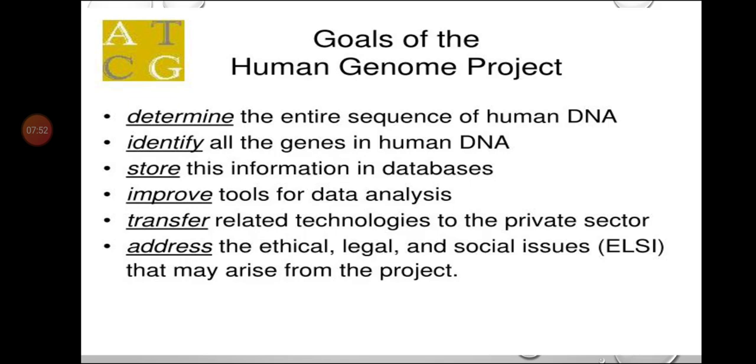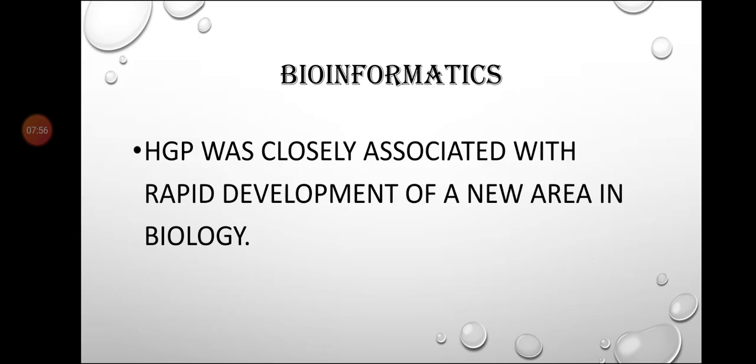We will continue. Still on the aims, one more aim was there: HGP was closely associated with the rapid development of a new area in biology, and that area was known as bioinformatics.